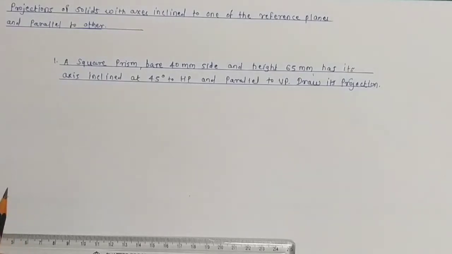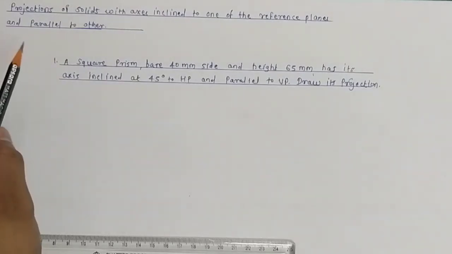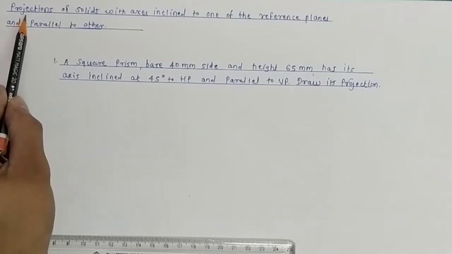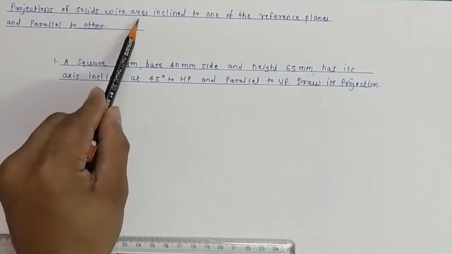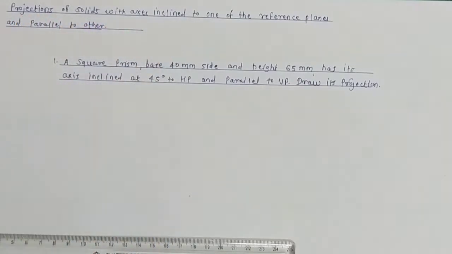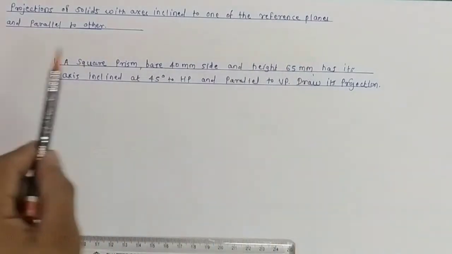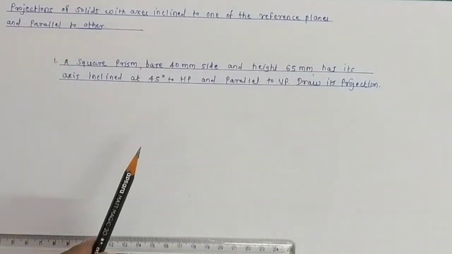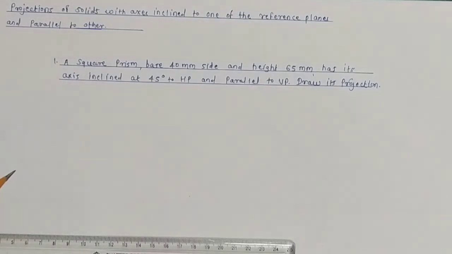Welcome to this session. In this video, we learn projection of solid with axis inclined to one of the reference planes and parallel to the other. When such a condition arises, we have to solve the problem in two stages.